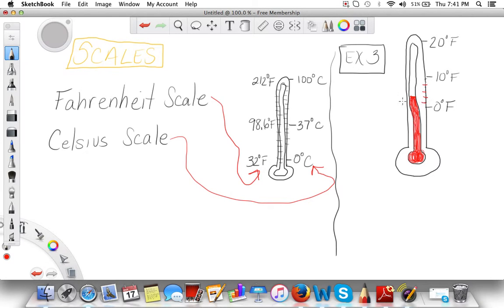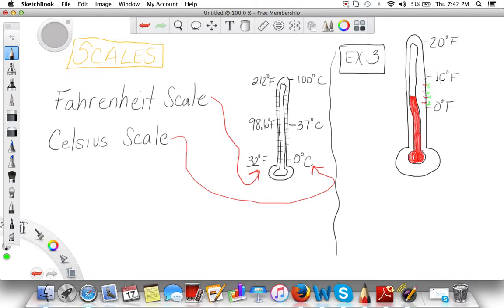If you notice, they don't list it on there, but if you go from 0 to 10 and there are 4 notches in between, then really what's happening is this is 2 degrees, that's 4, that's 6, and that's 8.